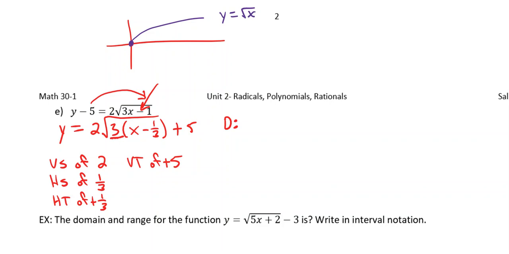Now, if I'm looking for the domain of this one, domain is talking about my x values, right? When I'm looking at all these things that we wrote down there, do I even care about any of the vertical things? No, when I'm looking at domain here, I'm just doing the left and right. So all I really care about for this one is that we have a horizontal stretch of 1 over 3, and then a horizontal translation of 1 over 3 to the right, okay?